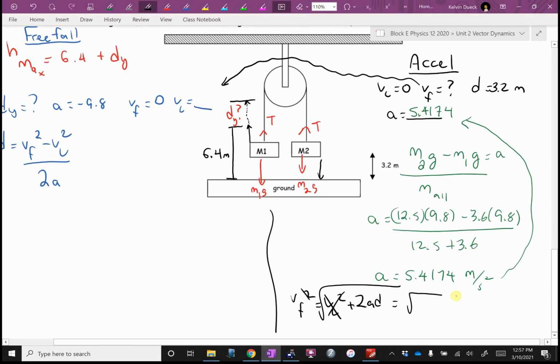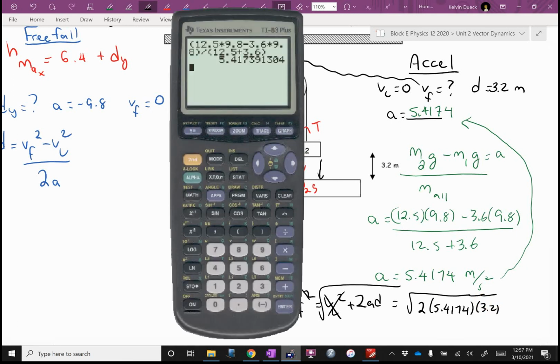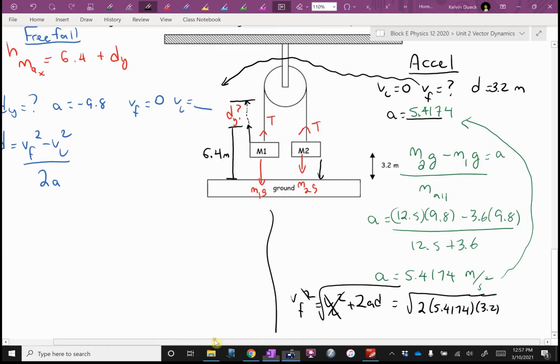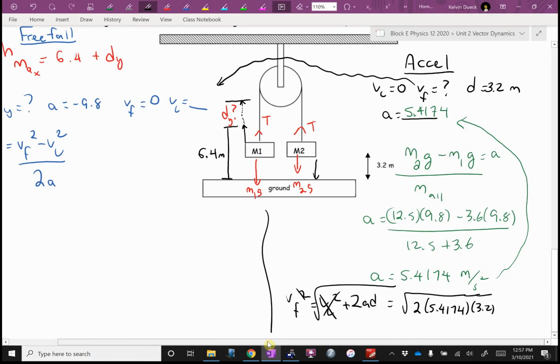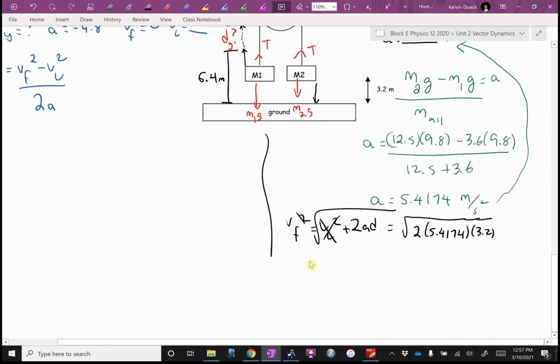So I'll end up with the square root of 2 times 5.4174 times 3.2, and the 3.2 here is positive because we are ending up above where we started. 2 times answer button times 3.2, square root, 5.888. VF equals 5.888 meters per second.